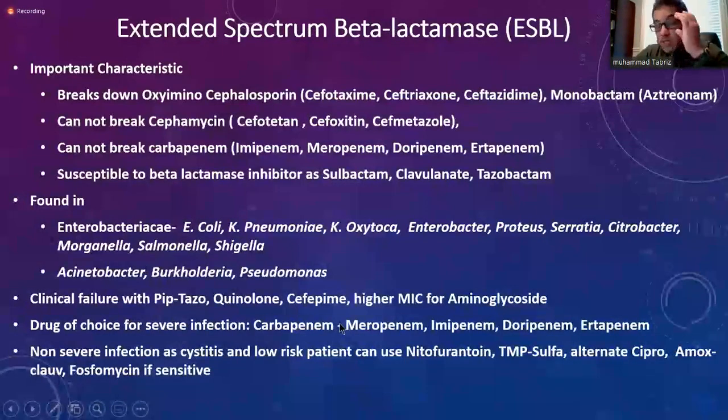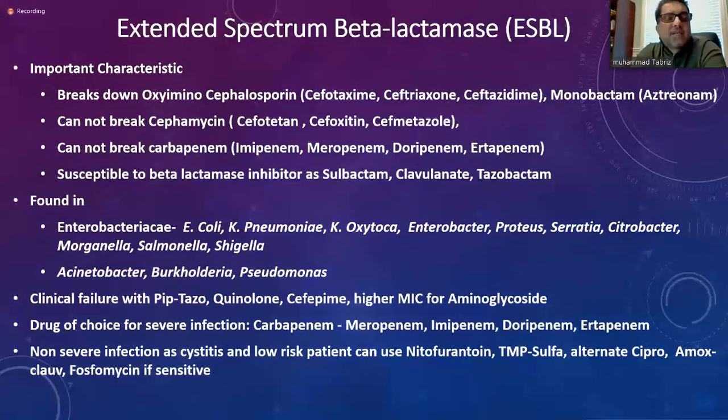So a few things about ESBL, the characteristics, because obviously here we actually look at the ESBL gene and then we report that this is an ESBL-producing organism. But in your clinical practice, even in the US, not all hospitals actually report ESBL. We just have to understand if it is an ESBL-producing organism by looking at the phenotypic expression of the sensitivity pattern.